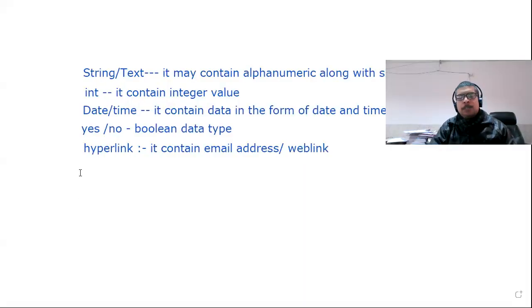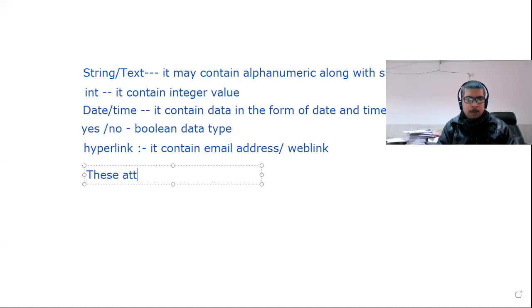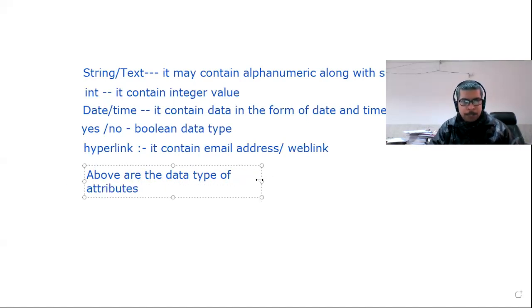Next, these attributes, above are the data type of attributes. The data type of these attributes can be these.